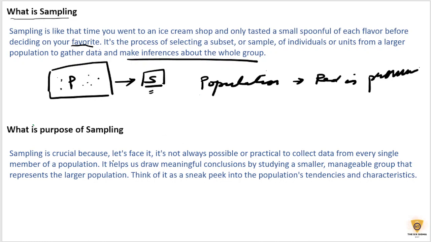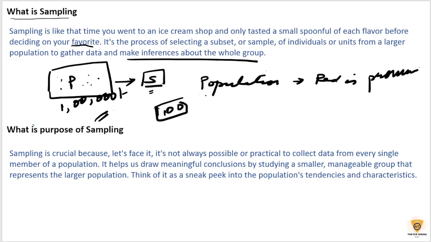So, sampling is crucial because it's not always practical for us to collect the data from every single member of the population. अगर यहाँ पे population में, for example, इतनी एंट्रीज हैं, इतनी पॉपुलेशन के मेंबर्स हैं, तो मैं हर एक के पास जाके डेटा गैदर नहीं कर सकता, राइट? आई कैन गैदर फॉर एग्जांपल 100, राइट?